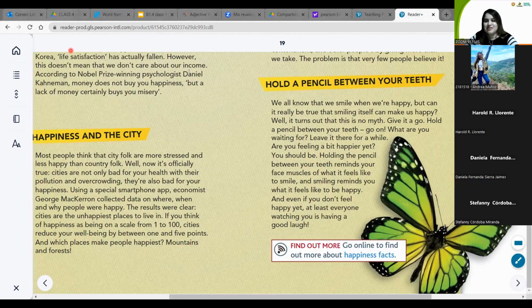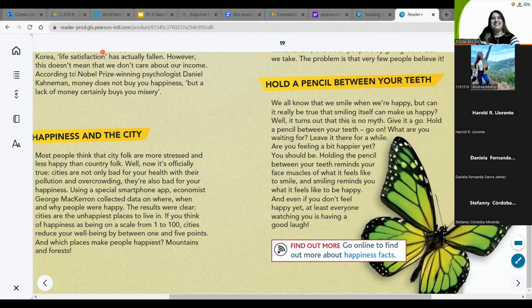Holding the pencil between your teeth reminds your face muscles of what it feels like to smile. And smiling reminds you what it feels like to be happy. And even if you don't feel happy yet, at least everyone watching you is having a good laugh.